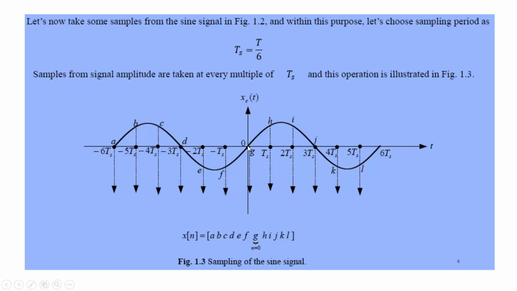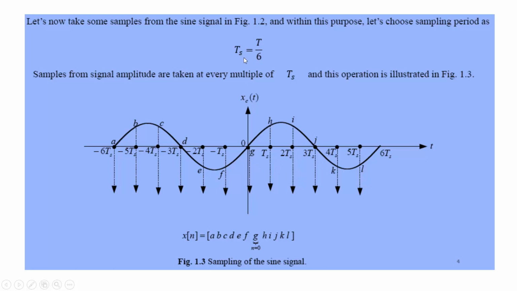So if this is the origin, and from this point to this point is our period of the sine wave, we will consider 6 samples in this time period. This will be the first sample, second, third, fourth, fifth, and this is the sixth sample. And this point will belong to the next cycle. So 6 samples are taken in one period.